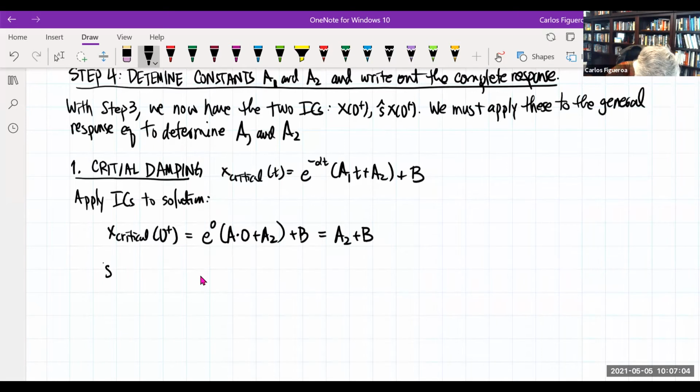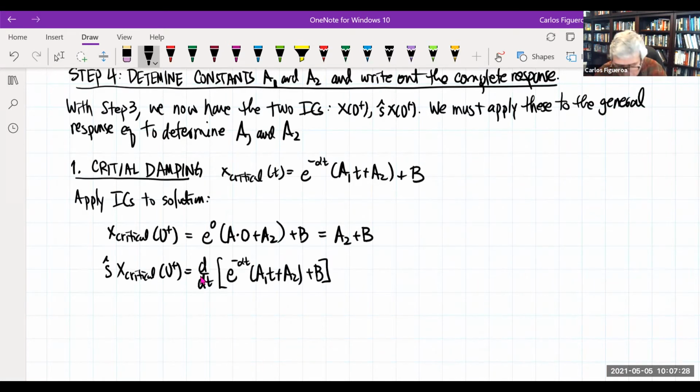And then if I take the derivative of this guy for 0 plus, I got to take the derivative of e to the minus alpha t, a1t plus a2 plus b. So you can see here that the b constant is 0, so I ignore that. If I take the derivative of this guy, I got to use the chain rule.